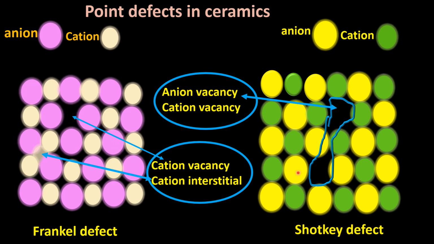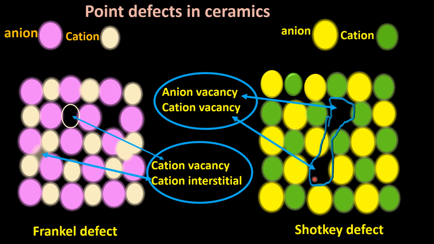Since for every anion vacancy there exists a cation vacancy, when we remove the anion from the interior of the crystal and place it on the external surface, it will disturb the electrical charge neutrality of the crystal.